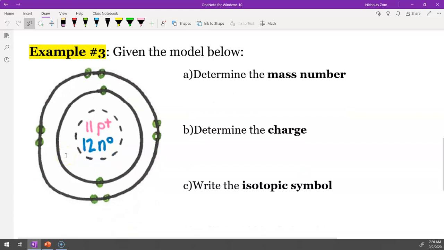Now in this example, we're going to interpret the model and pull the information from the model. The first one says determine the mass number. Well, remember the mass number is equal to the protons plus the neutrons. So we have 11 protons, we have 12 neutrons, so that's going to give us a mass of 23.